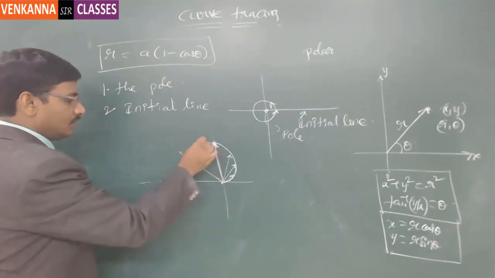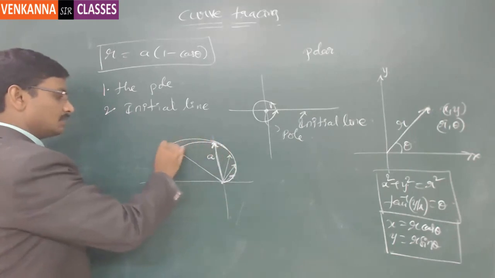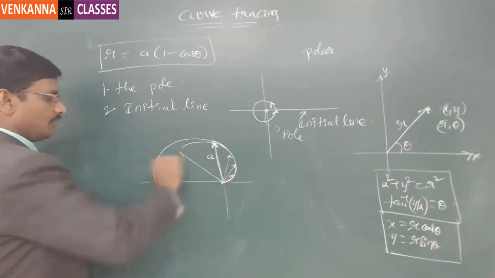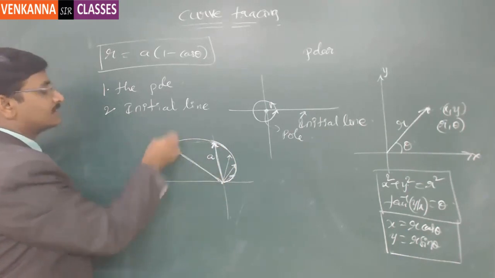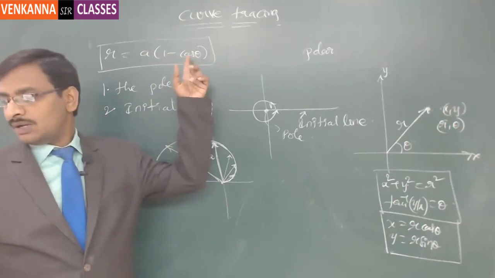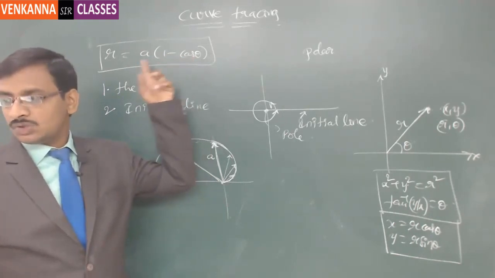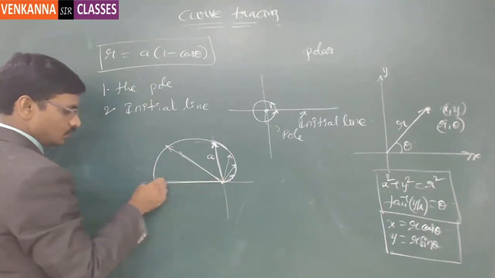The same thing will be continued like this, and then you are going to arrive at one particular point like this. Now exactly at 180 degrees, cos theta is minus 1, minus of minus is plus, so 2 times a. So this length is nothing but 2 times a.